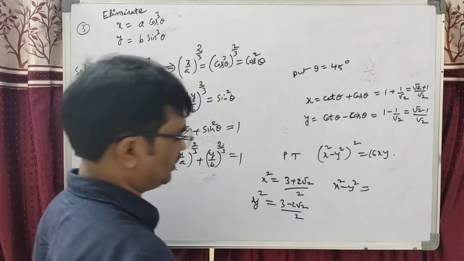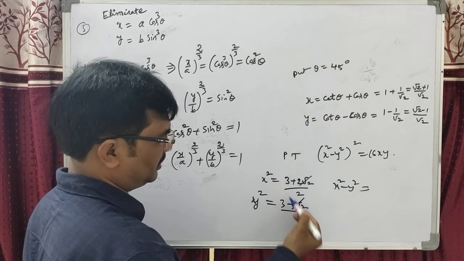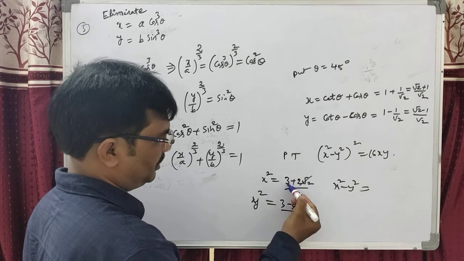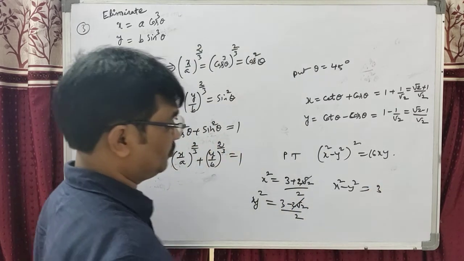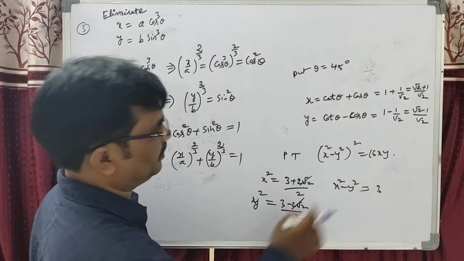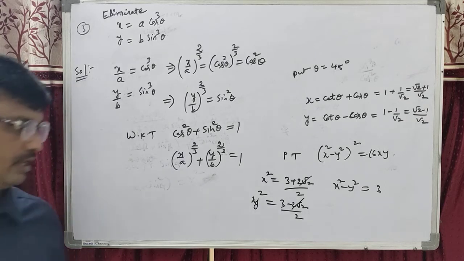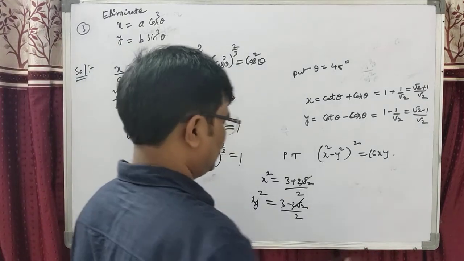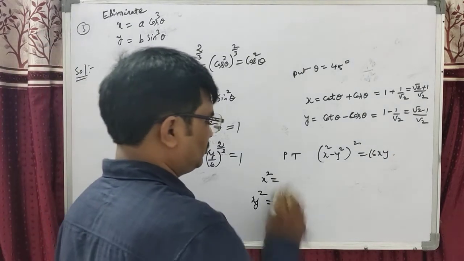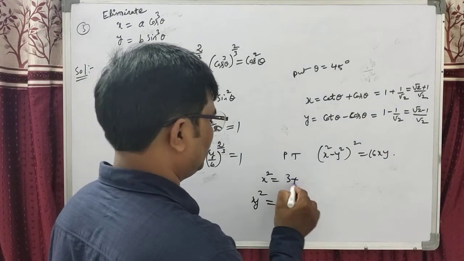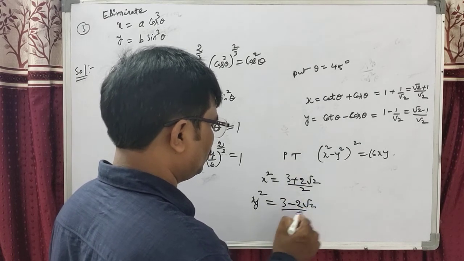When the denominators are equal, now adding the numerators, these two are cancelled. 3 plus 3 is 6, 6 by 2 is 3. Okay students, what we got here? 3 plus, there is a minus between. So when it is a minus, undoubtedly, students, x square minus y square means subtraction. So the subtraction is, students, 3 plus 2 root 2 by 2, minus 3 minus 2 root 2 by 2.